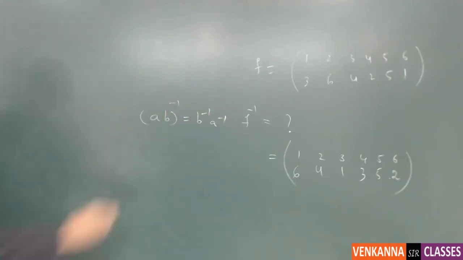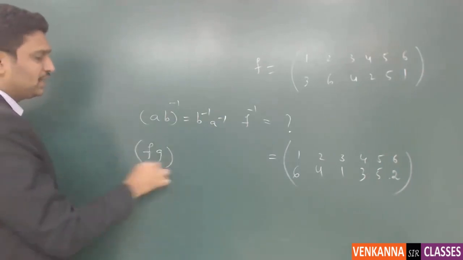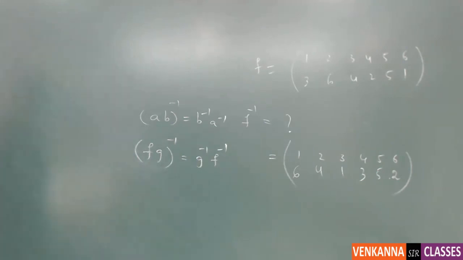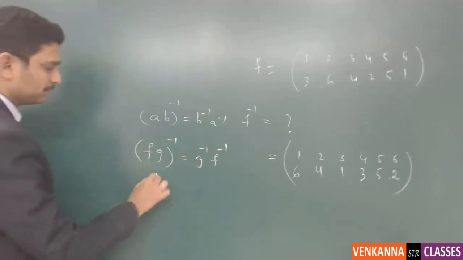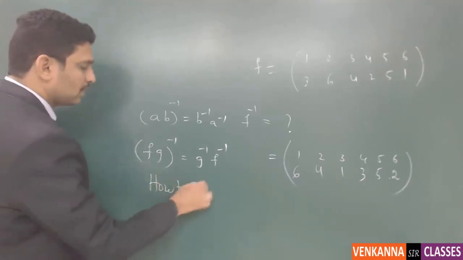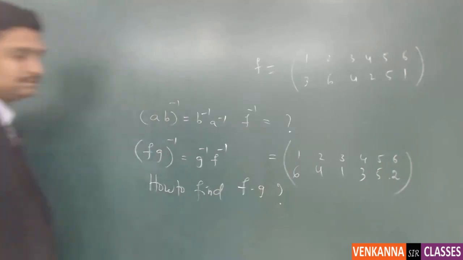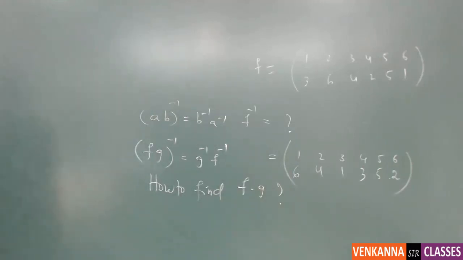So here also, (FG) whole inverse is equal to G inverse F inverse. Now the question comes: how to find FG? Now let us find how to do FG.